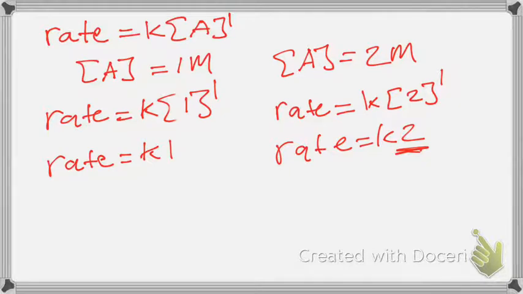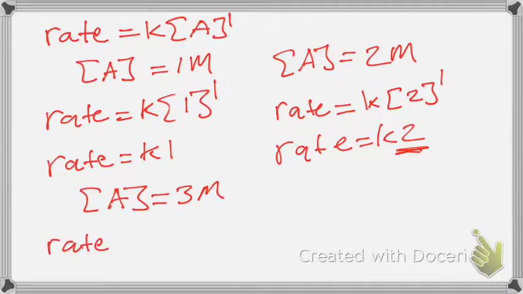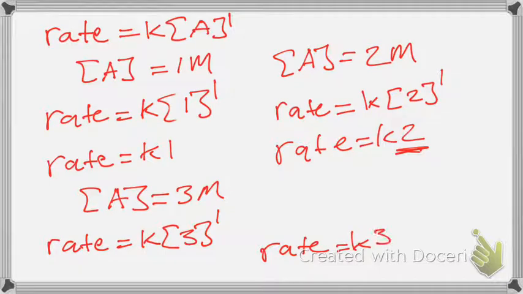What if we triple the concentration? So let's say that A is 3 molar now. Well, in 3 molar, we would say rate is equal to K times 3 to the first power. So the rate would be K times 3, which is going to triple the rate.